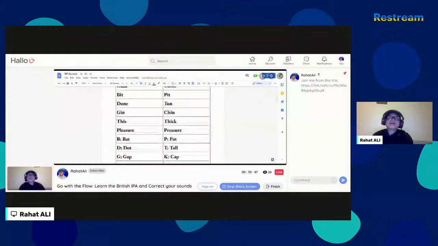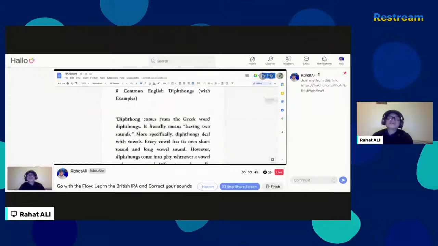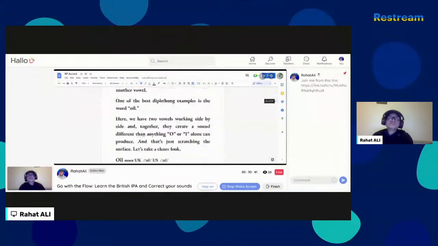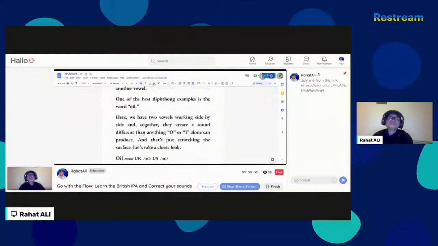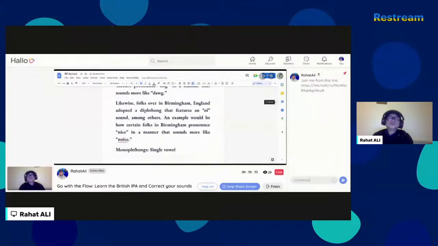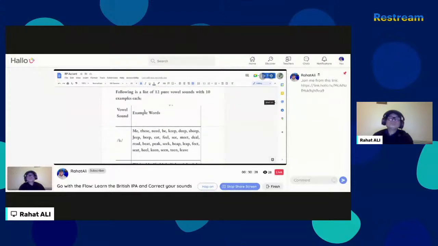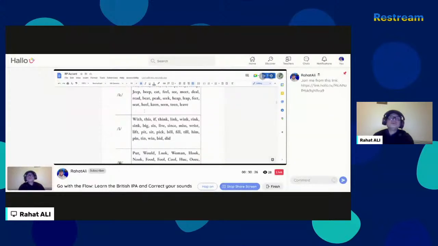Minimal pairs, let me find out if there are any. We have covered diphthongs, monophthongs as well.